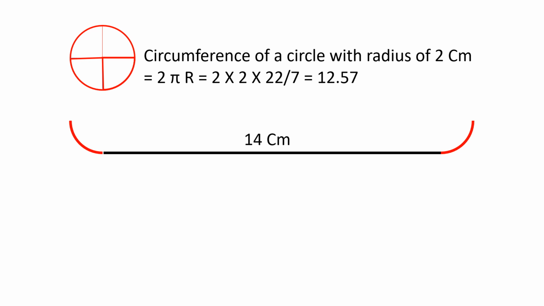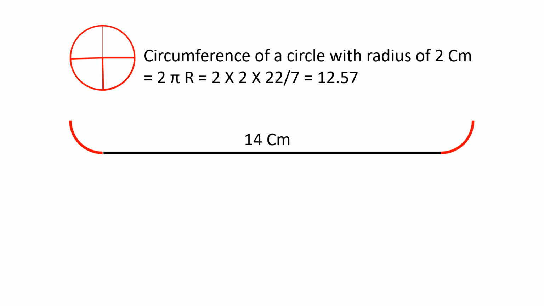The circumference of a circle with 2 centimeters as radius will be 2 pi r, where r is the radius of the circle. This will be about 12.57 centimeters. As radius r is equal to 2 and the value of pi is 22 divided by 7 or 3.14. Therefore, 2 multiplied by 2 multiplied by 3.14 equals 12.57. Half of this will be 6.29.